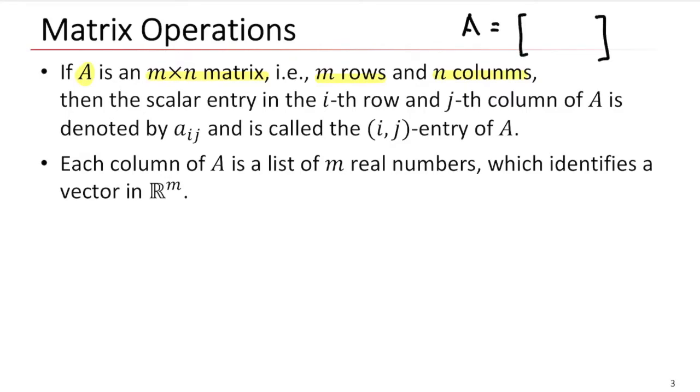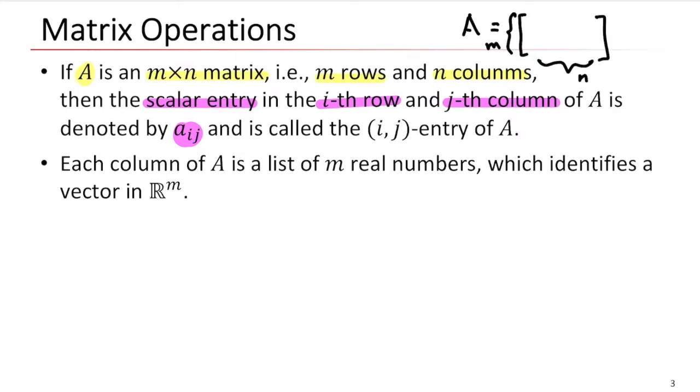There are m rows with n columns. Then the scalar entry in the ith row and jth column is denoted by a subscript ij, and it is called the (i, j) entry of A.